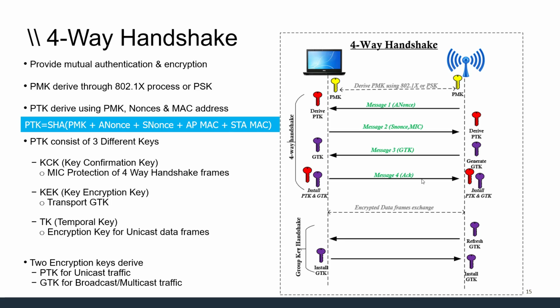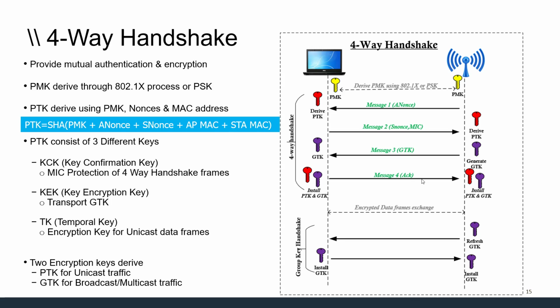As you can see in the slide, this PTK is derived from five different values, going through a message authentication code, a one-way hash function, using the PMK, the pairwise master key, and two random numbers. One random number we call the ANonce, AP number used once, and then the supplicant number used once, which is called the SNonce, and then we use the AP MAC address and the station MAC address.